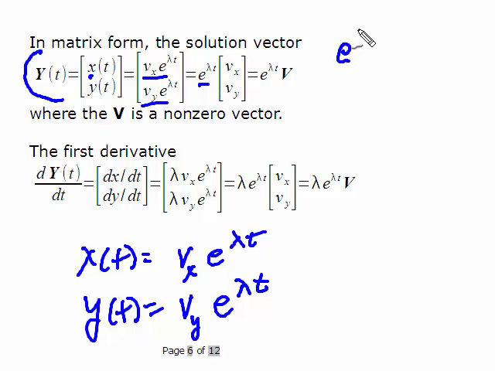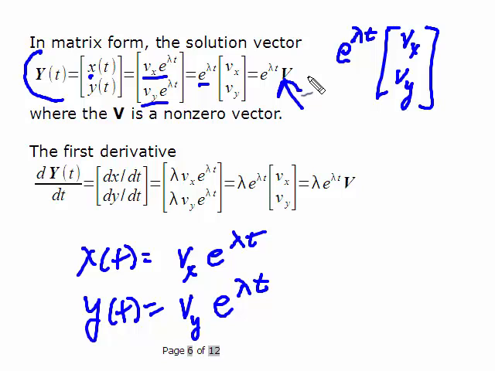So that gives me e to the lambda t, and the two constants v_x and v_y are now sitting there as a vector. So I will call them the vector v, which has significance, and which is why I chose the notation v_x and v_y. So e to the lambda t comes out, and in the solution form you're left with a vector v made up of those constants.